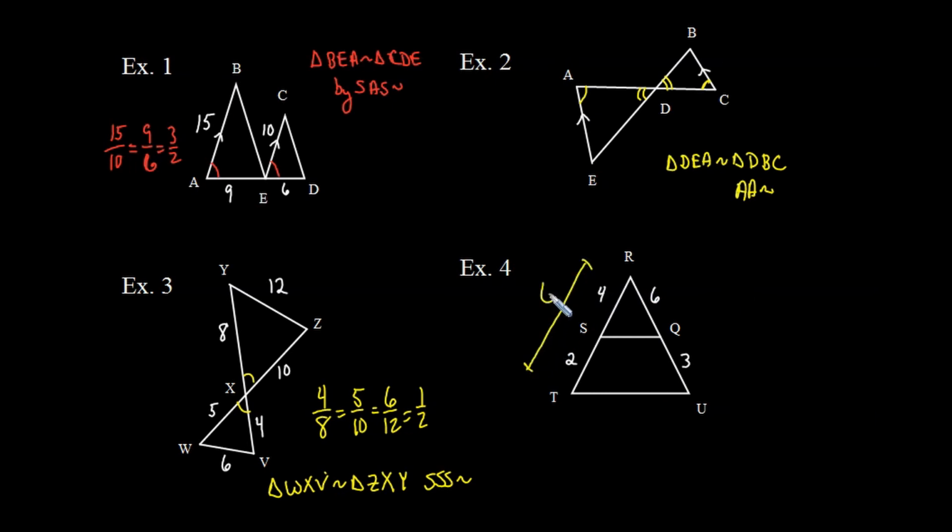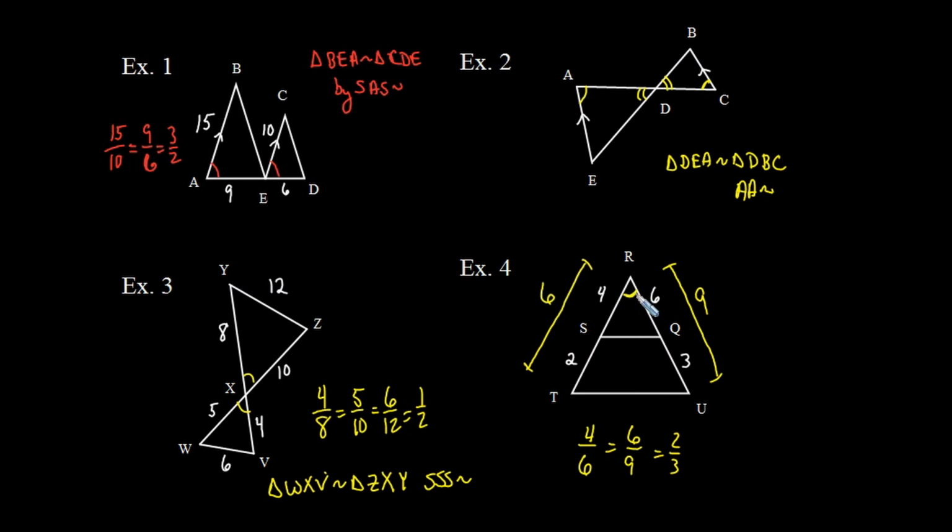So this length here is 6. This length here is 9. So we'll place 4 over 6 and test to see if that is equal to 6 over 9. Both of those are equal to 2/3. So we have two sides proportional, but we need that other angle. Well, angle R is in both triangles, so that's a reflexive angle if we're thinking about a proof.